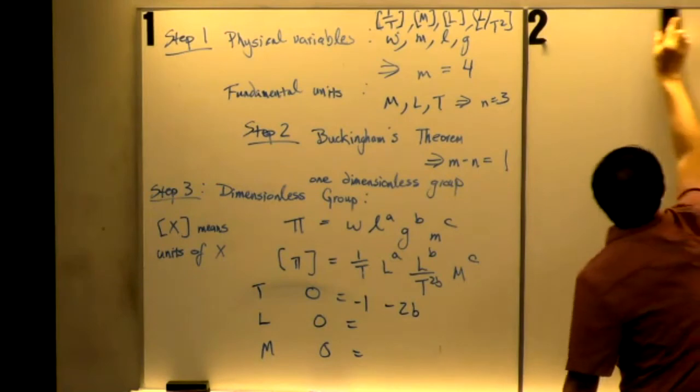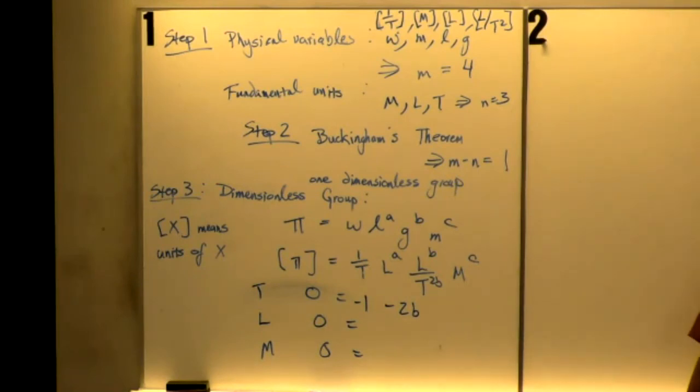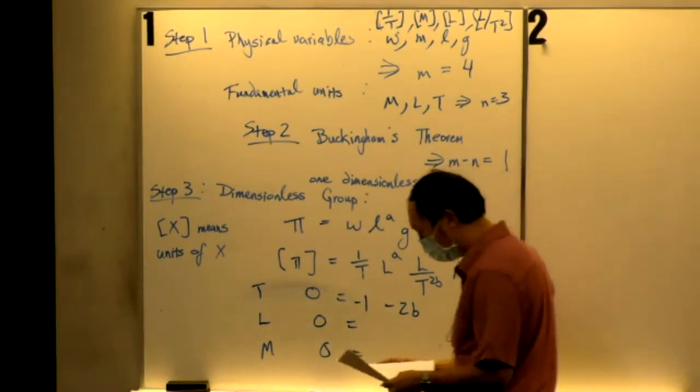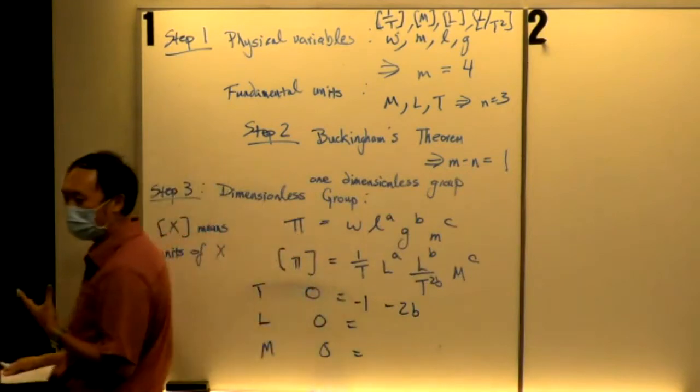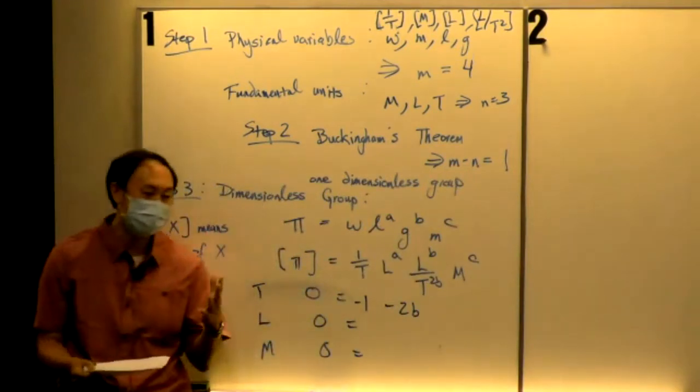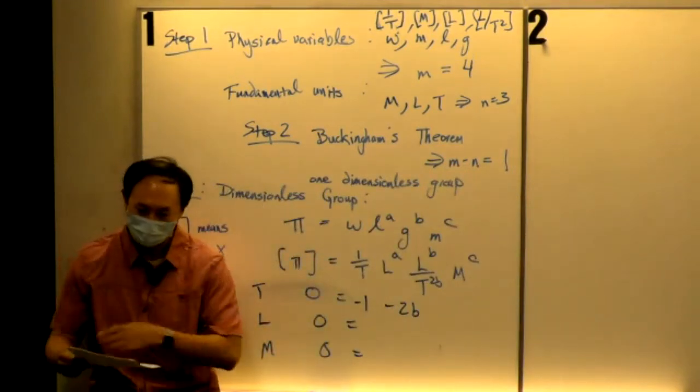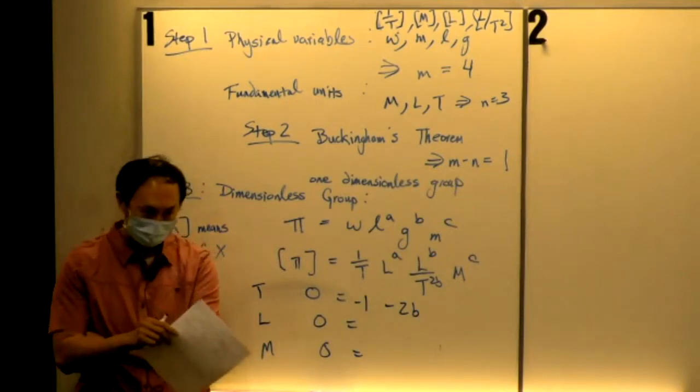So you count the occurrences. It's a product. Count the occurrences of t's, l's, and m's and make sure they all cancel out. And keep in mind they're independent. The number of t's doesn't affect the number of l's, nor does it affect the number of m's. Those are all independent equations.